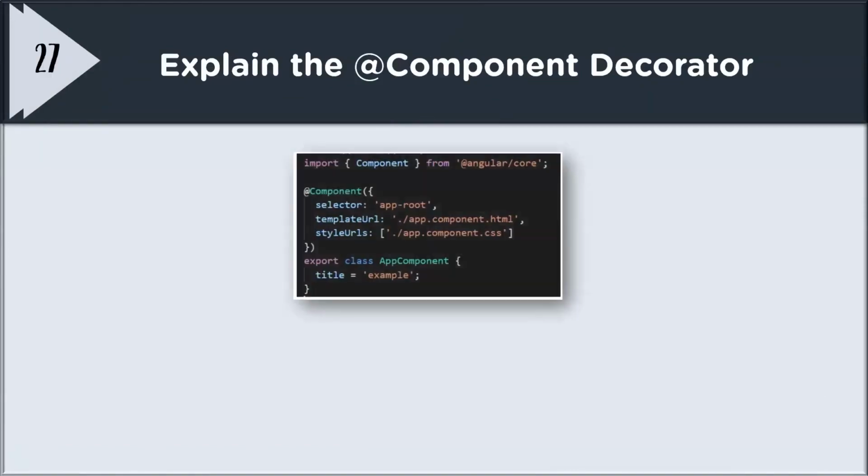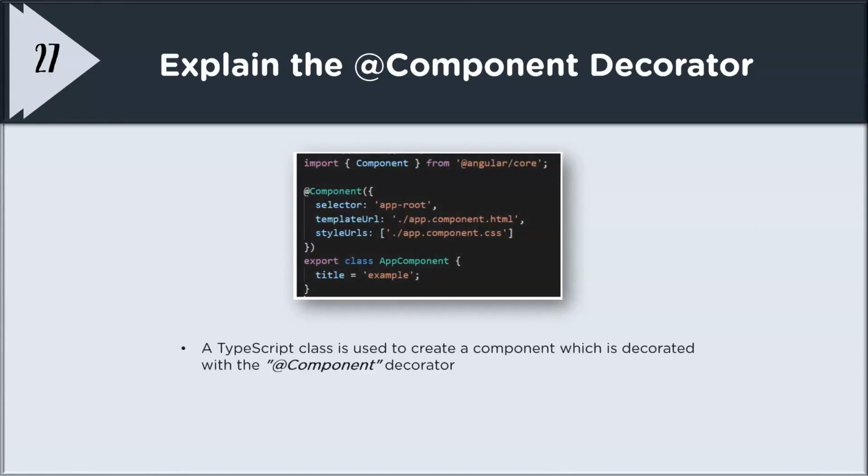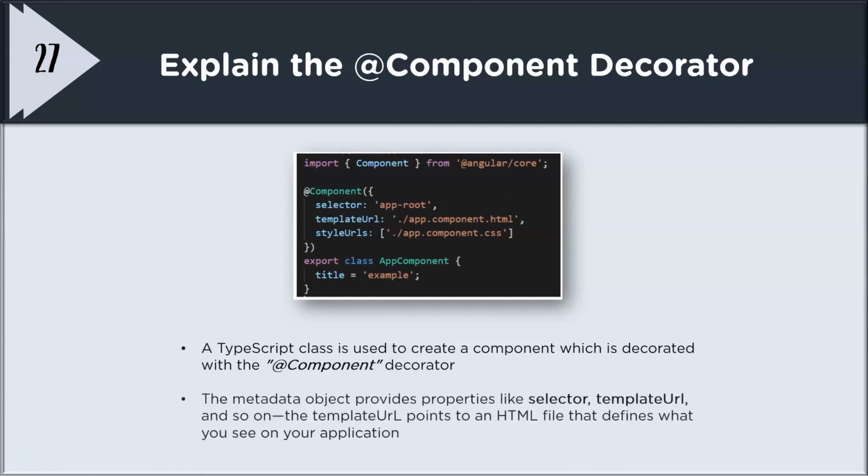Now here's a simple screenshot of what the @Component decorator encompasses. It is basically a TypeScript class that is used to create components. This genre of class is then decorated with the @Component decorator. The decorator's purpose is to accept a metadata object that provides relevant information about the component.